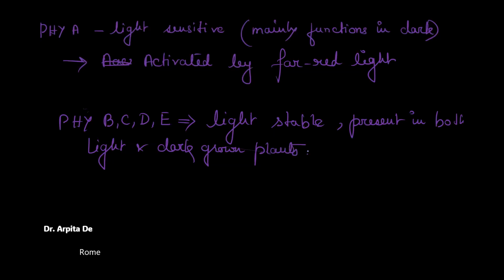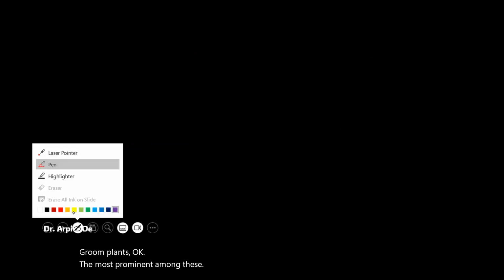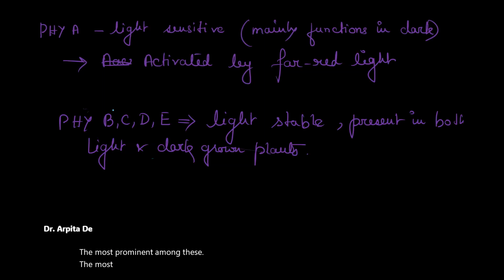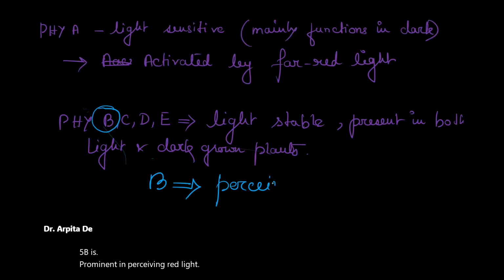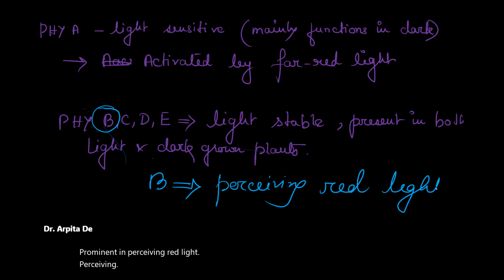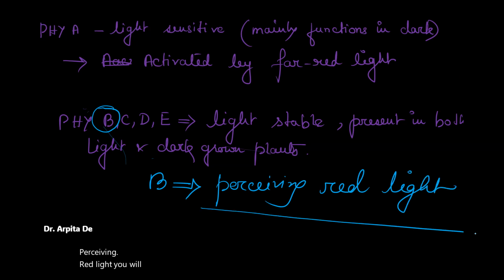The most prominent among these is PHY B. PHY B is prominent in perceiving red light. You will have to remember this. Okay.